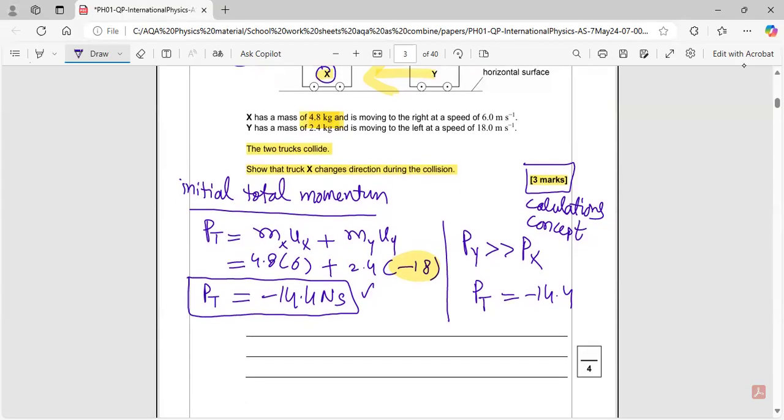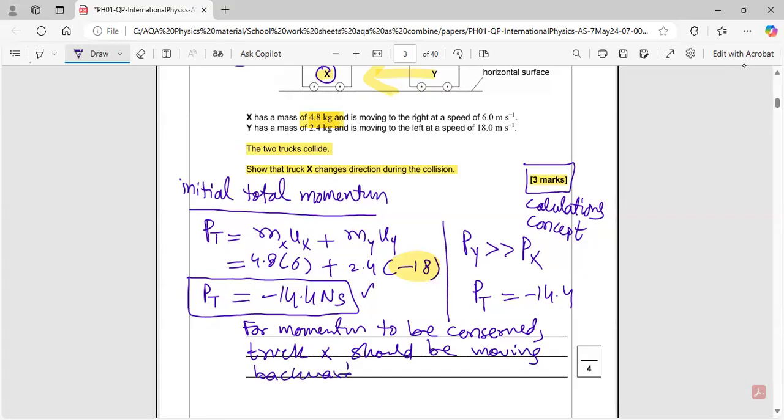So this is one important reason. So we say that for momentum to be conserved, let me answer it now. So I'll be writing that for momentum to be conserved, truck X should be moving backwards.